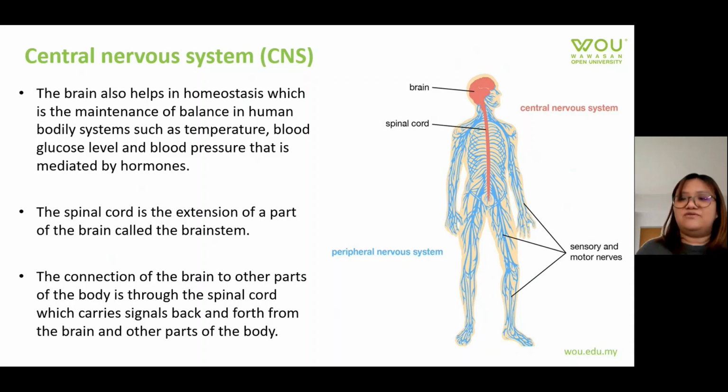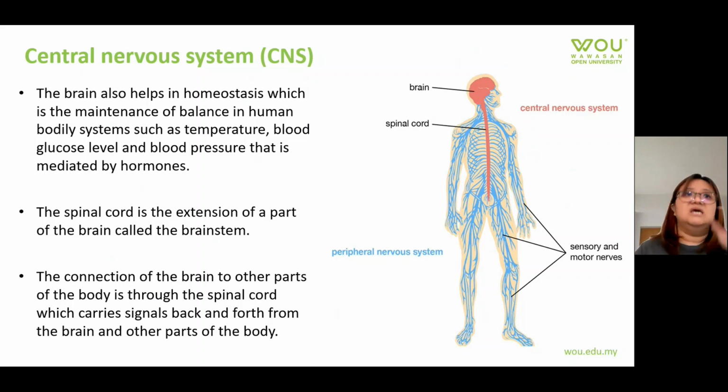So you have to protect your spinal cord. If something happens to your spinal cord, the information cannot be sent through it, so the particular parts of the organs and their functions will be impaired.